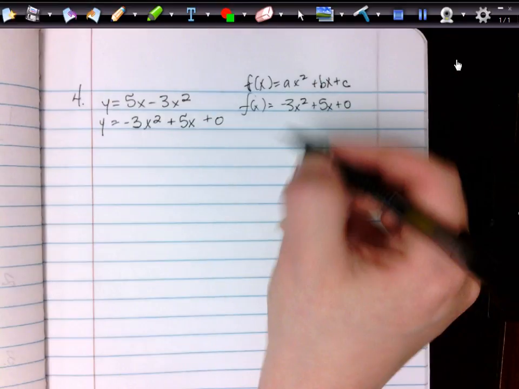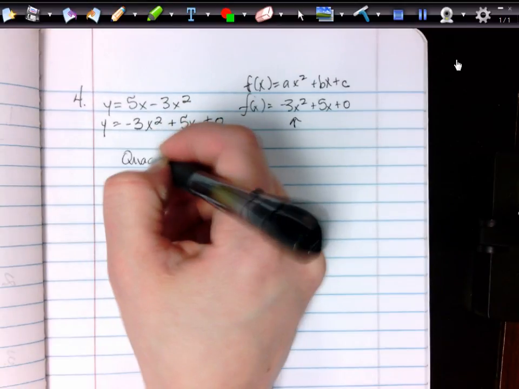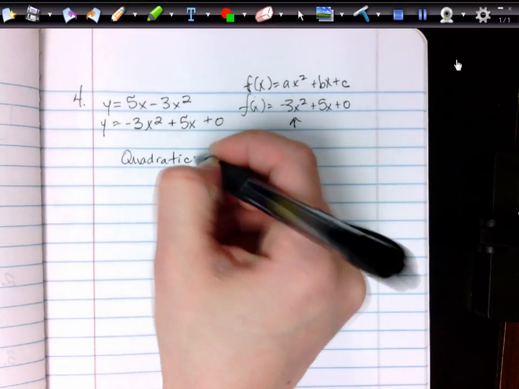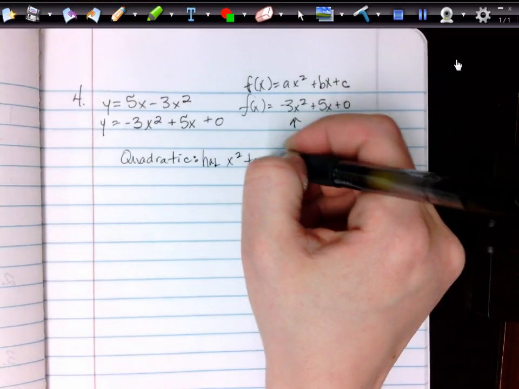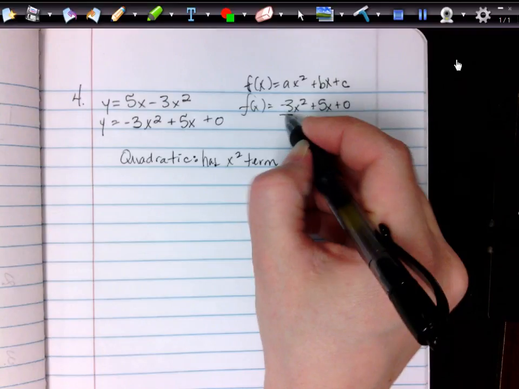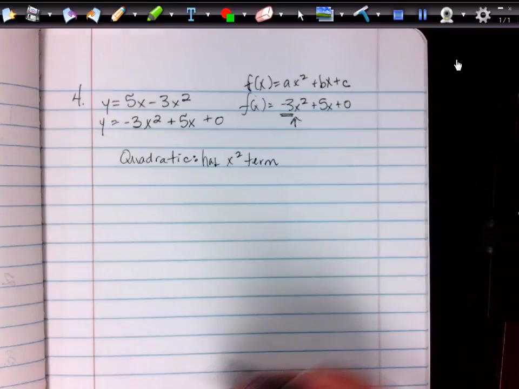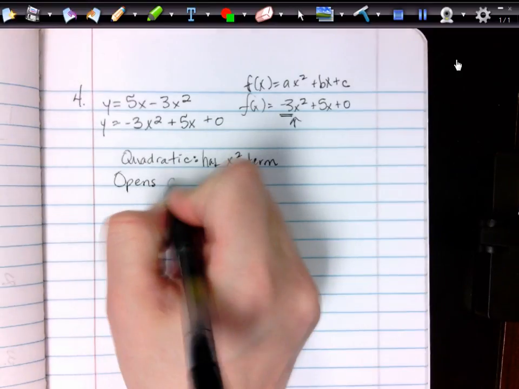I can determine, I have an x squared term, it is quadratic, and I'm going to say has x squared term. I can also determine whether it opens upward or downward by looking at my a, or the number in front of my x squared, and it is negative, so it opens downward.